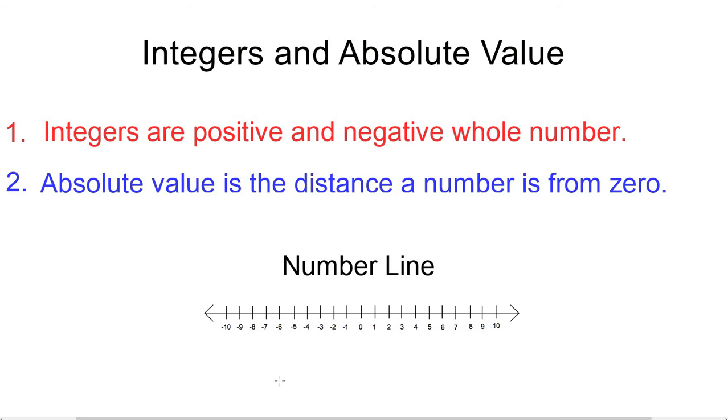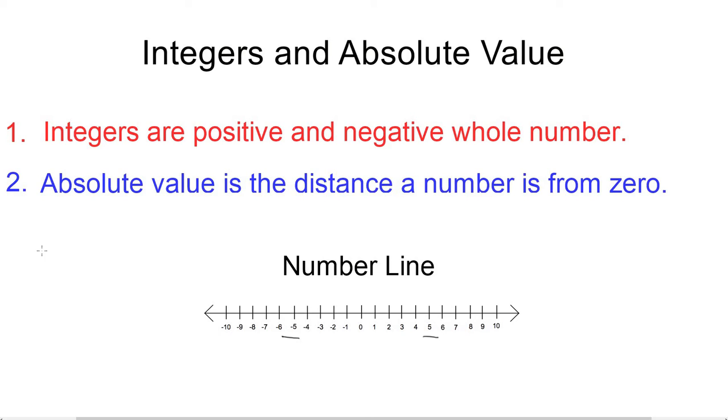And if we look at the second definition, absolute value is said to be the distance a number is from 0. What that means is that -5 and +5, for instance, are the same in absolute value. They're both 5 units from 0.